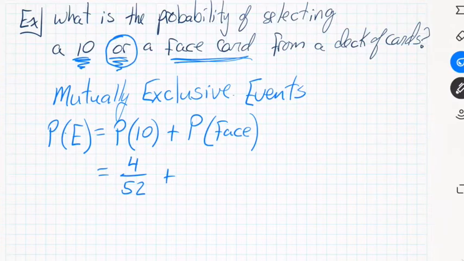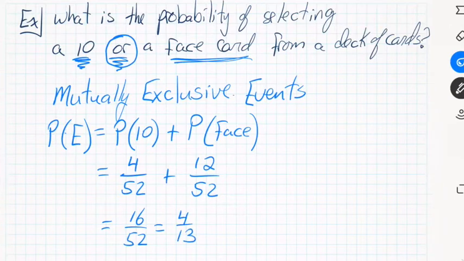Face cards are Jack, Queen, and King in 4 suits, so that becomes 12 face cards out of 52. So this probability is going to become 16 out of 52, which is equal to 4 out of 13. So the probability of selecting a 10 or a face card is going to be 4 out of 13.